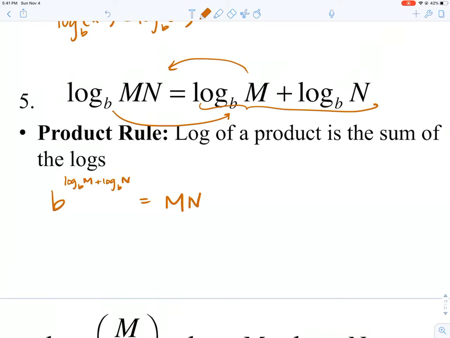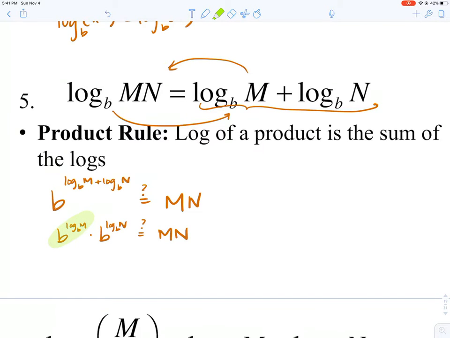So using exponent properties, I can rewrite the left-hand side here as b to the log base b of m times b to the log base b of n. Right? Right now I'm proving that the left-hand side equals the right-hand side.